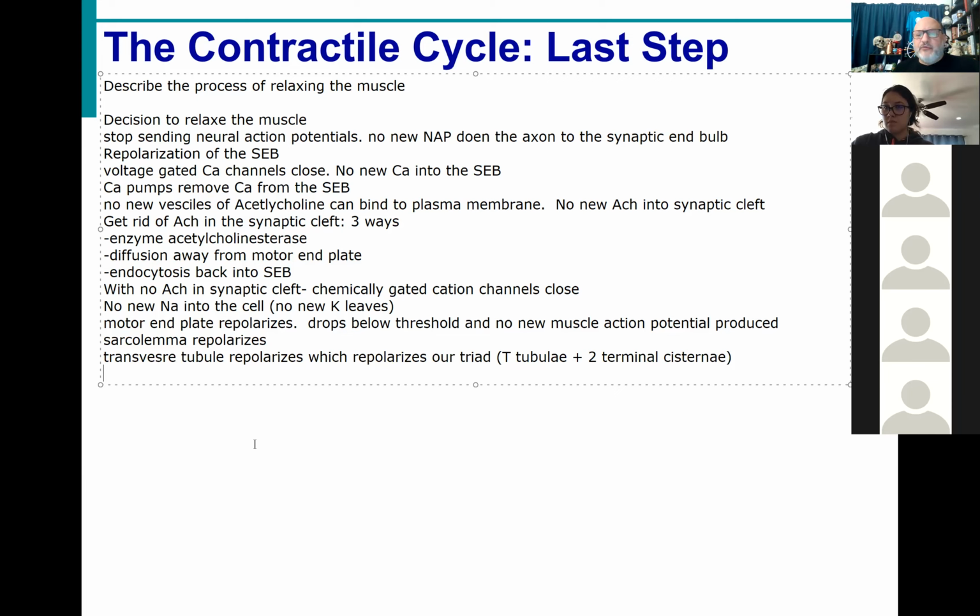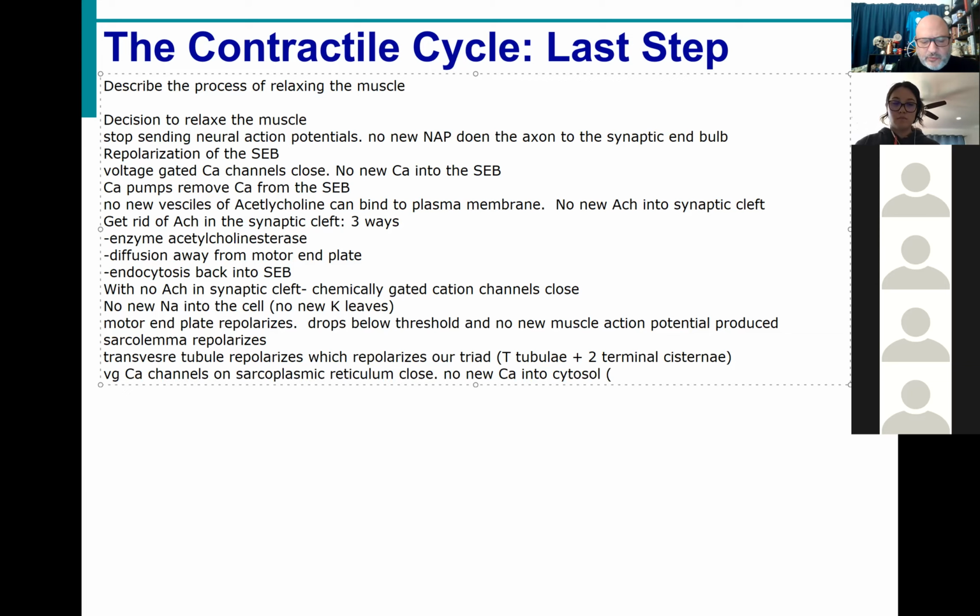When our triad repolarizes, what happens to our sarcoplasmic reticulum? There we go, excellent. Voltage gated calcium channels on the sarcoplasmic reticulum close. So when those close, there's no new calcium into the cytosol.